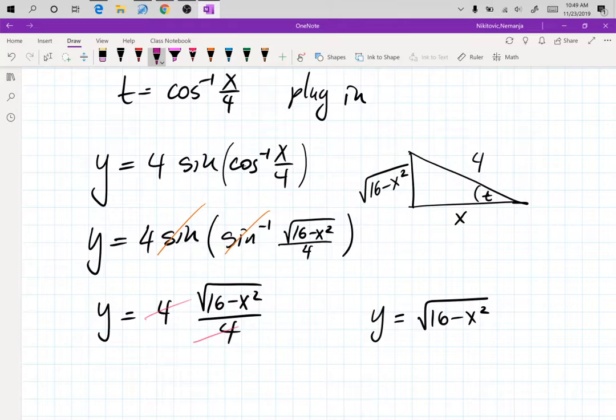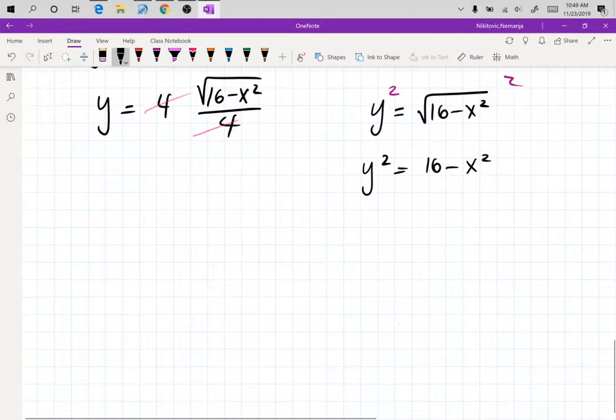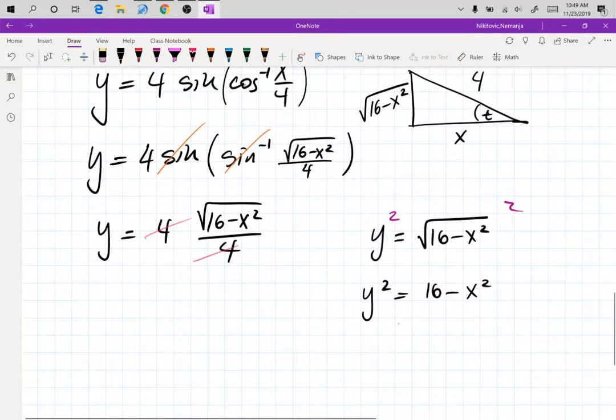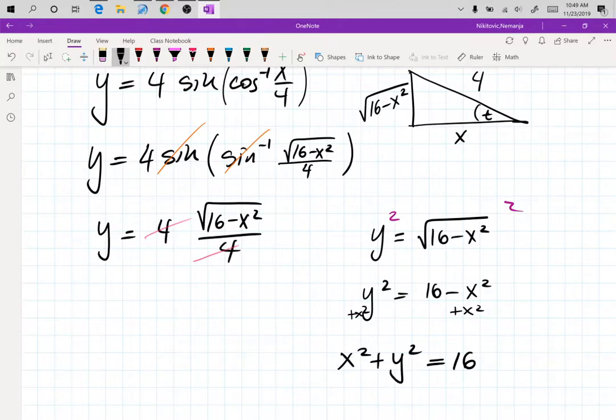Y squared is equal to 16 minus x squared. And then add x squared to both sides. And you have your x squared plus y squared equals 16. Cool, huh?